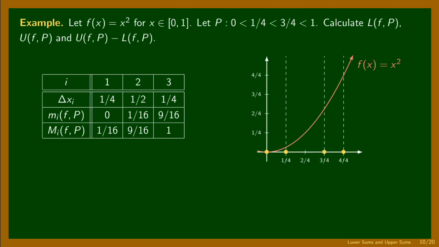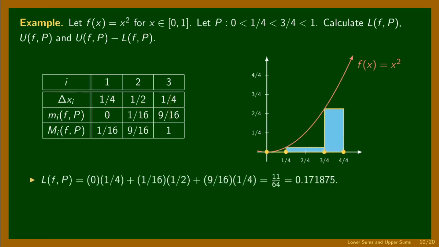Okay? So, how do we calculate the lower Riemann sum, or the L? In order to calculate the L, we multiply the little mi with the corresponding delta xi, and then add all of their products, as shown.